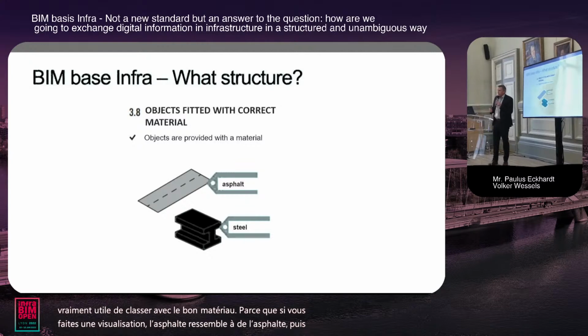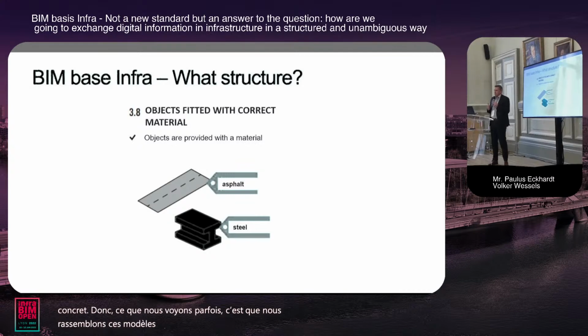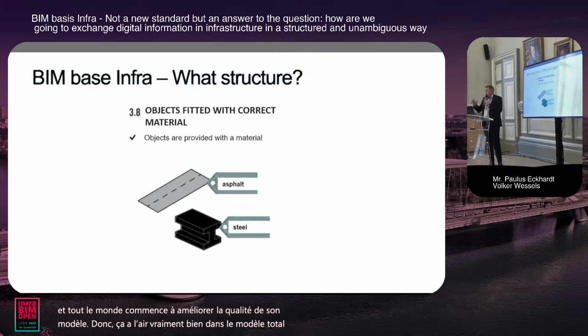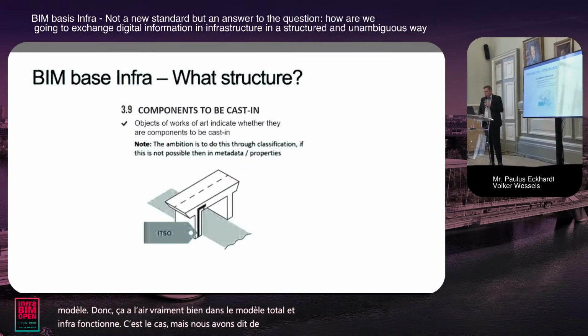So what we see sometimes is that we put these models together in, for example, InfraWorks from Autodesk, where we make a really simple virtual reality model. And when people don't classify the right material, their model looks really bad. So we make them together and then we try to make a competition and everybody starts improving the quality of their model. So it looks really nice in the total model in InfraWorks. But we said, do it already in the basic, the right way.